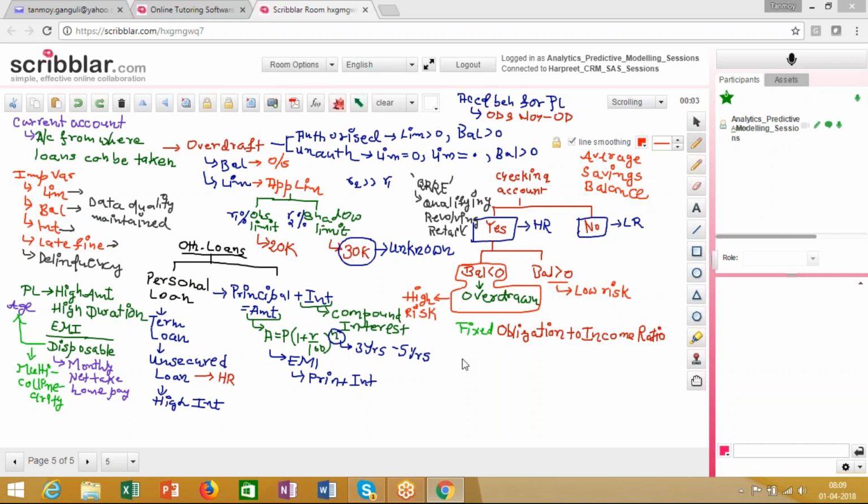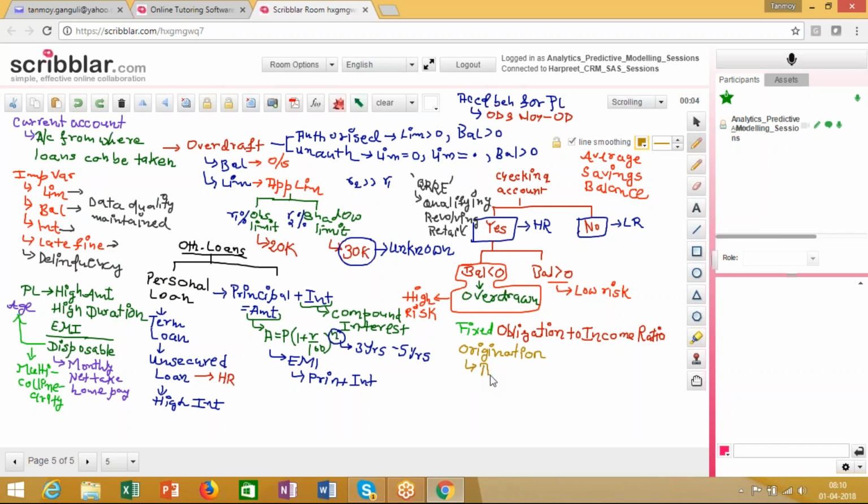So at origination there are two types of strategies which the bank needs to frame. Origination strategies can be broadly of two types: the accept decline strategies, and the loan assignment strategies.